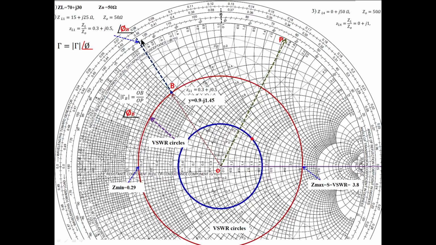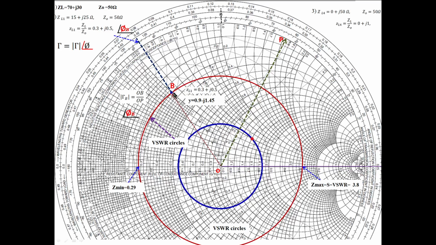Every division is 2 degrees. So 122, 124, it is approximately 124. Then 126, 128, 130. So this is 120, this is 122, this is 124. Approximately the angle is 124 degrees for this particular load.